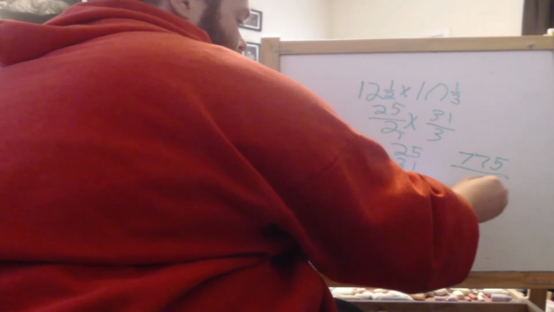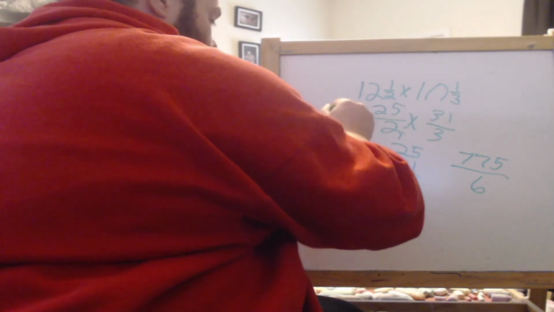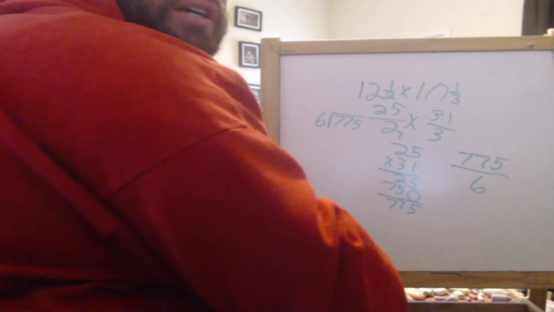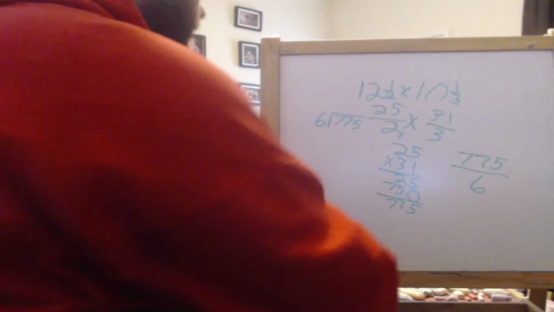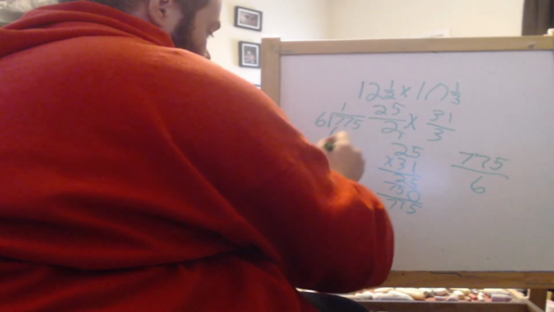775 over 6, and then we have to divide 775 by 6, right? Because that is the same. 6 goes into 7 one time.